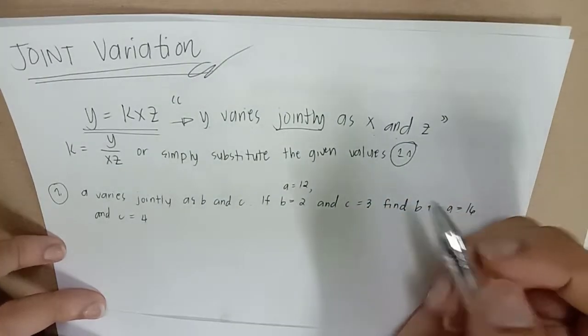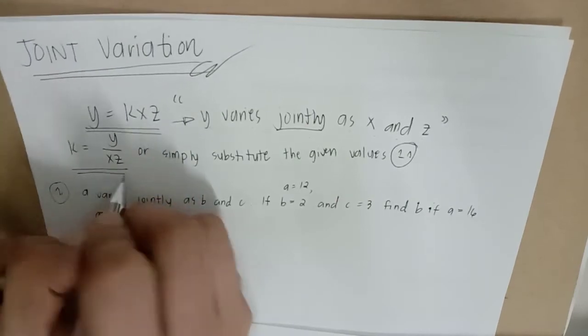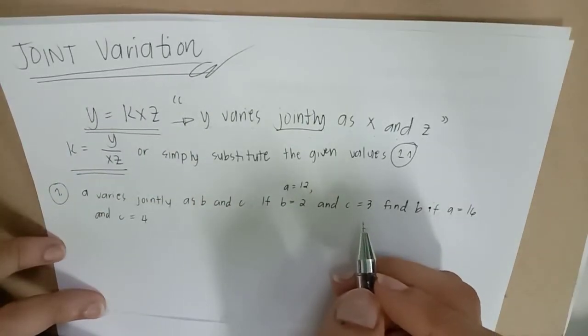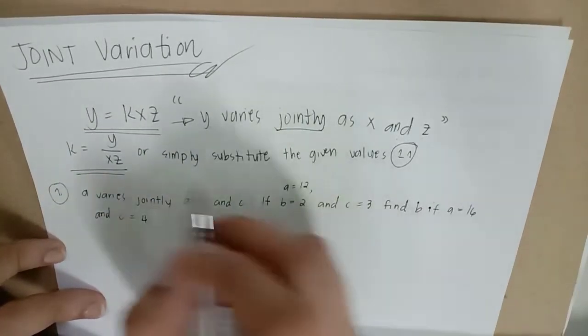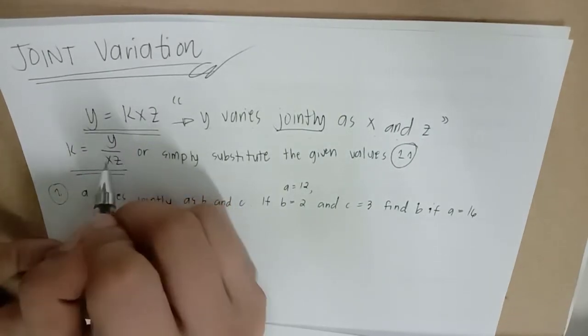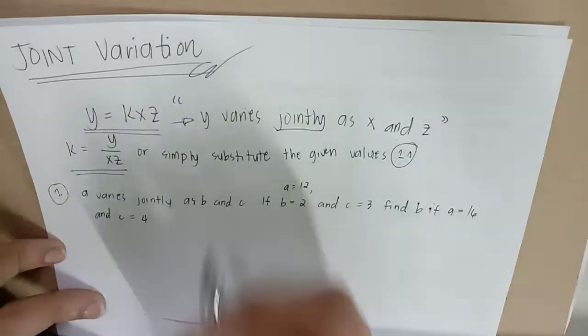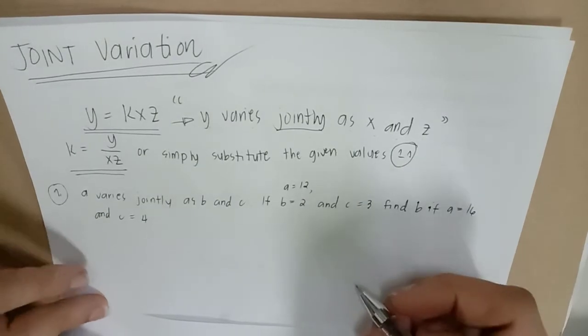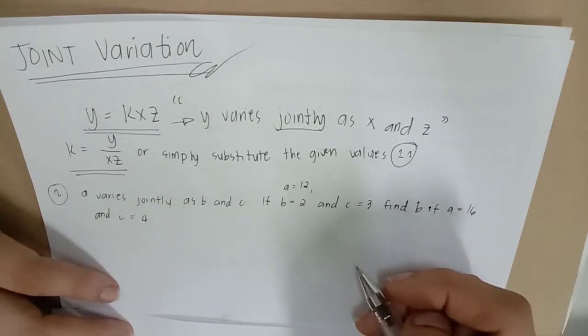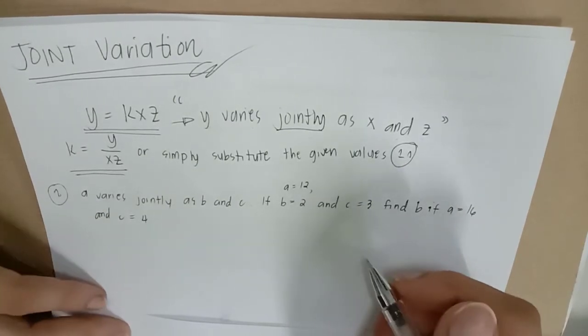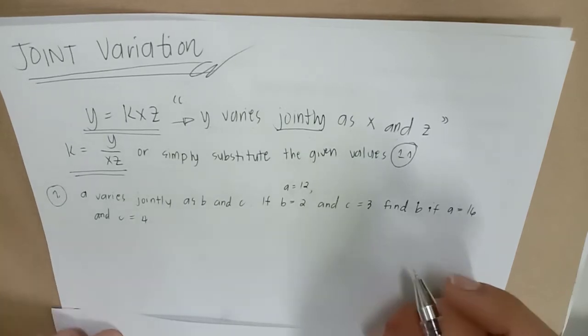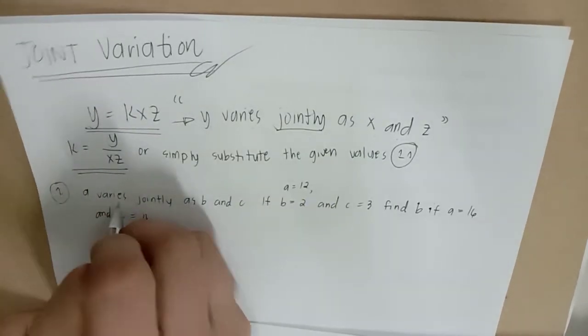Pwede pong gamitin ito na formula to find the value of k, which is k is equals to y over xz. Or simply substitute lang po natin yung given values, then solve sa value ni k. Let's have it. A varies jointly.